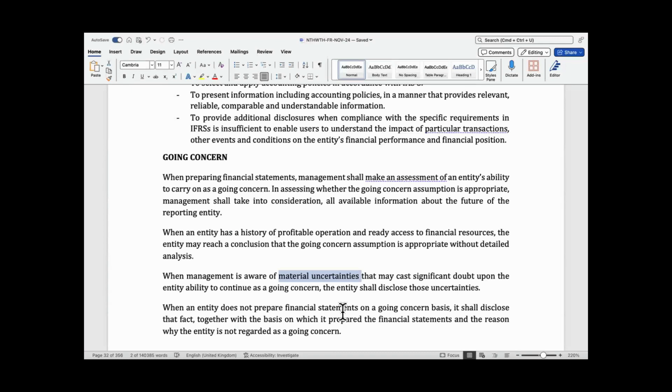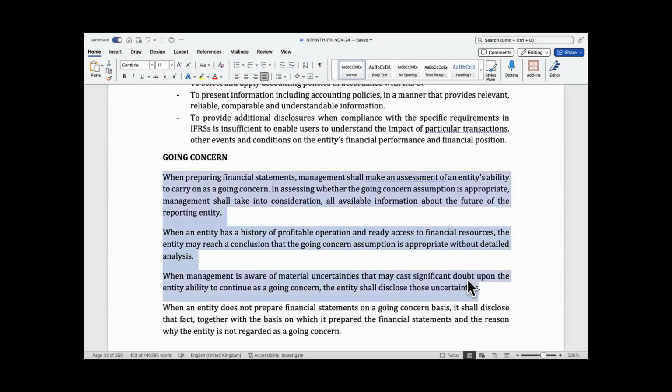So, you see, why are we making assessments? Why are we concerned about whether an entity can continue to operate? You will learn that for all of the standards, all of the principles we are going to learn in accounting, the backbone is the fact that this company will continue to operate.